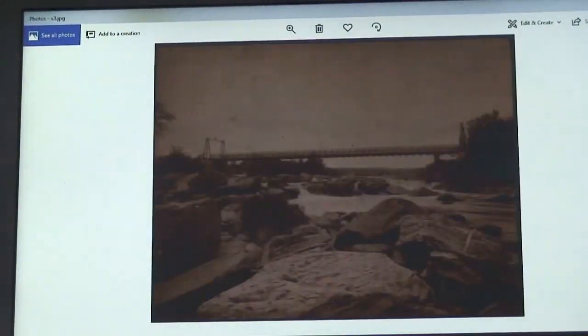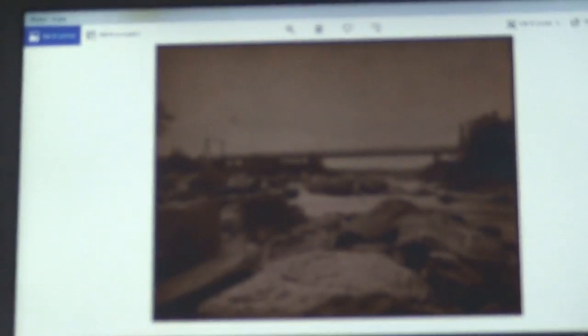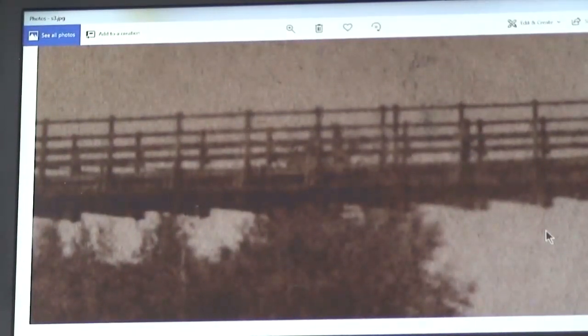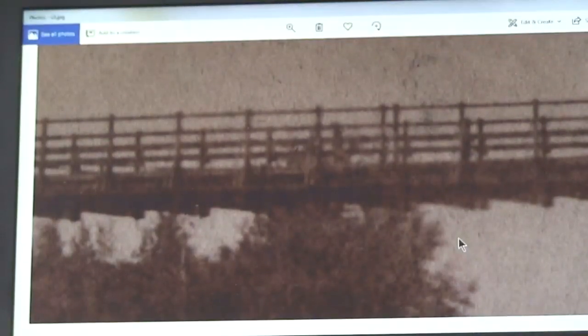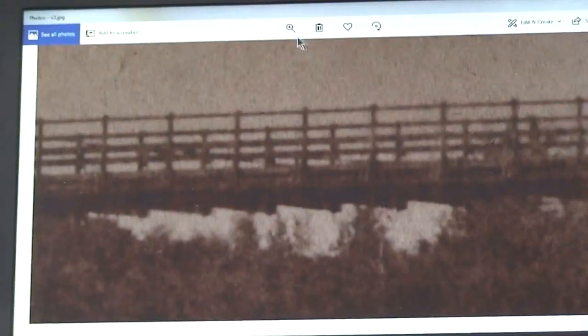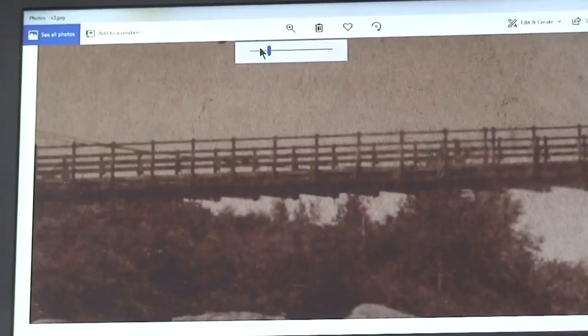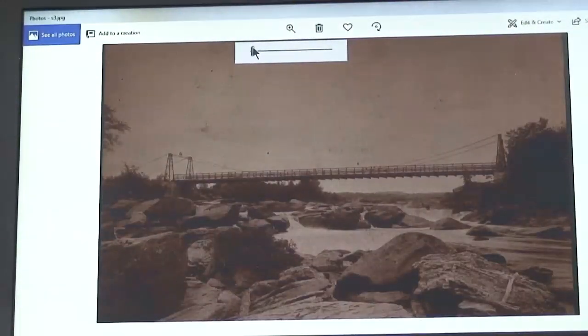And here is yet another bridge. This is the same bridge we're talking about, shot from downriver back upriver. So this is actually down in the chasm that would eventually be covered by the dam. It's actually quite a structure.